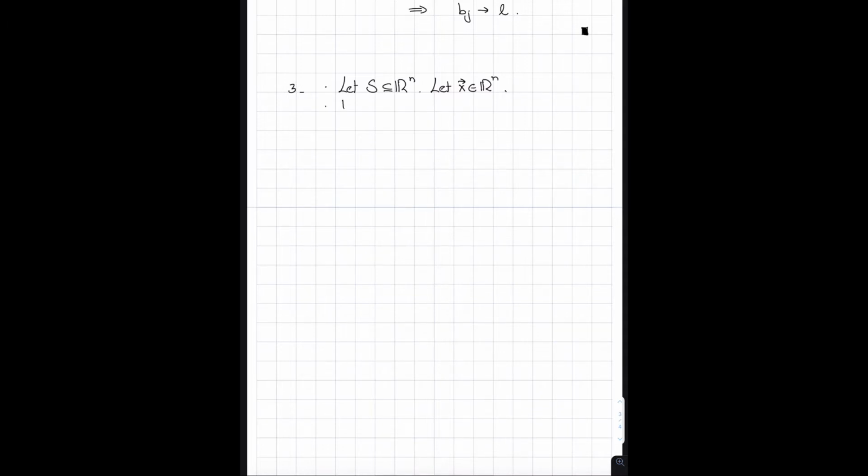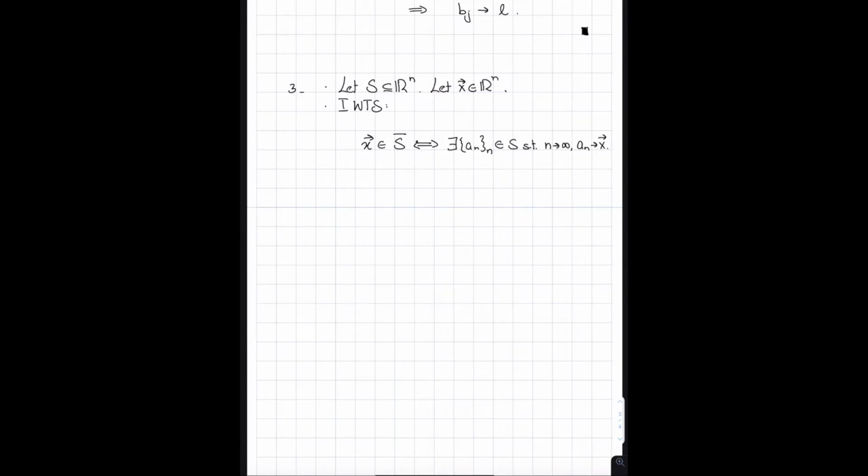And of course, I want to show that the vector X is in the closure of S if and only if there exists a sequence A's of n in S such that as n tends to infinity, A's of n tends to X.